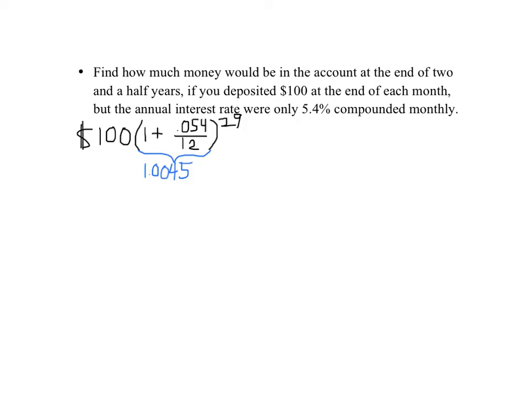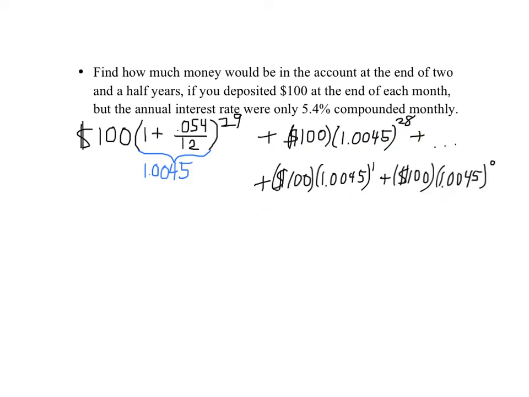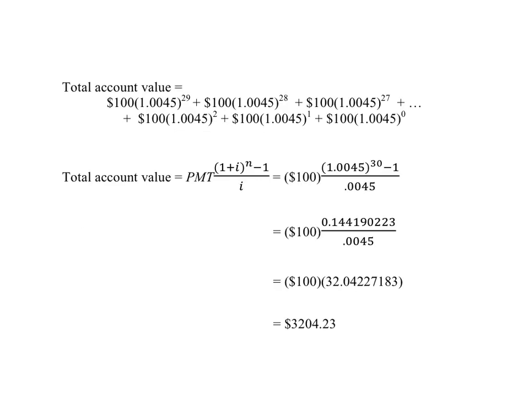Once we've done the hard work of figuring out what your first $100 deposit eventually grows into, and in doing that we've reasoned out how many payments there are, now the rest of the sum follows in the usual way. And we can say that the payment amount equals $100, the interest rate is 0.0045 as a decimal per compounding period, per payment period, and the number of payments is 30. We are ready now to use our formula to compute the value of our account after 2.5 years.